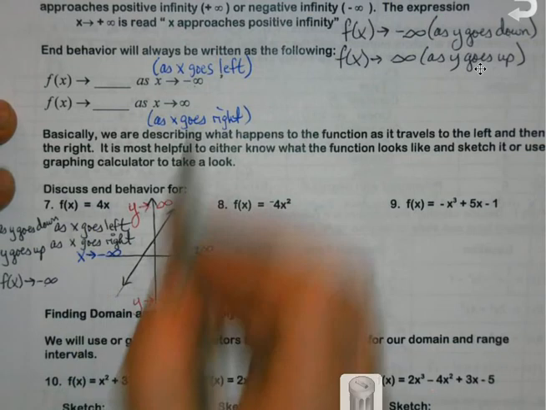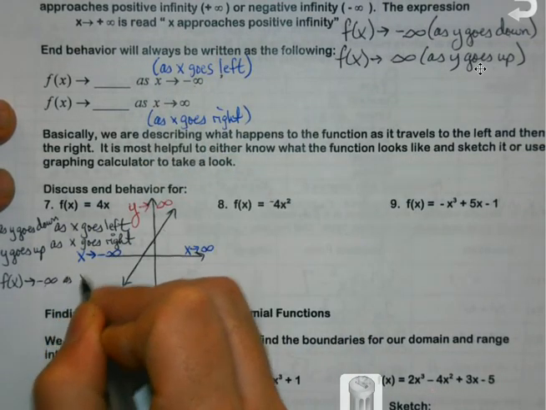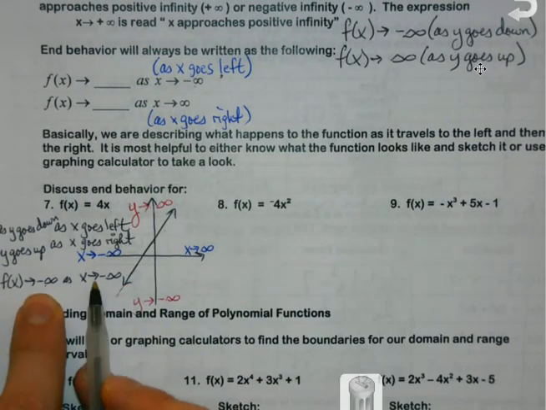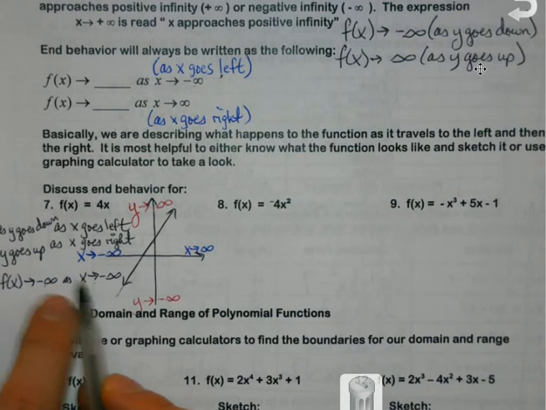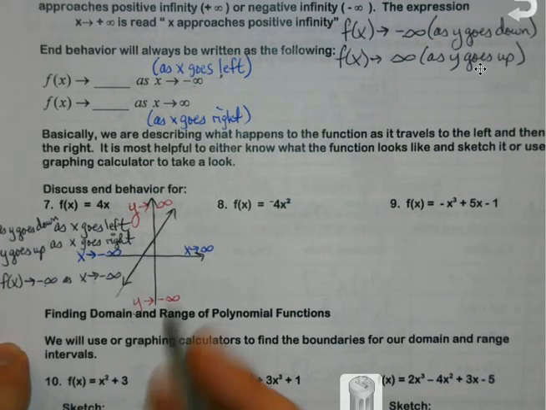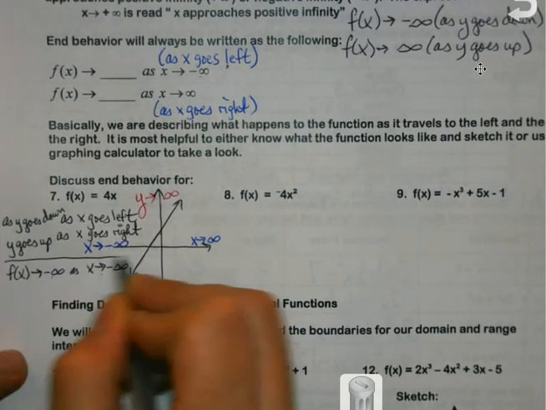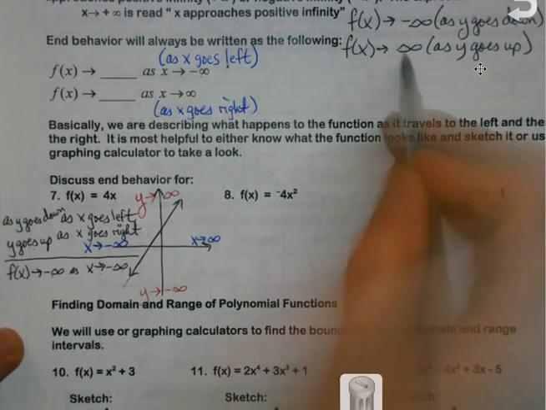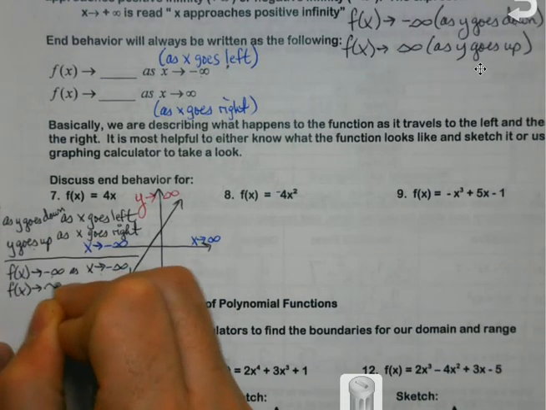X goes left. As x approaches negative infinity. So this is our foreign way of saying as y goes down, x goes left. Just translation, like if you put it in Google Translate or something. And then the bottom one says y goes up. Okay, so when y goes up, it's f of x approaches infinity.